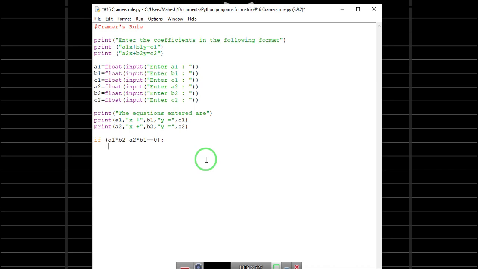print the determinant of the coefficient matrix is 0.